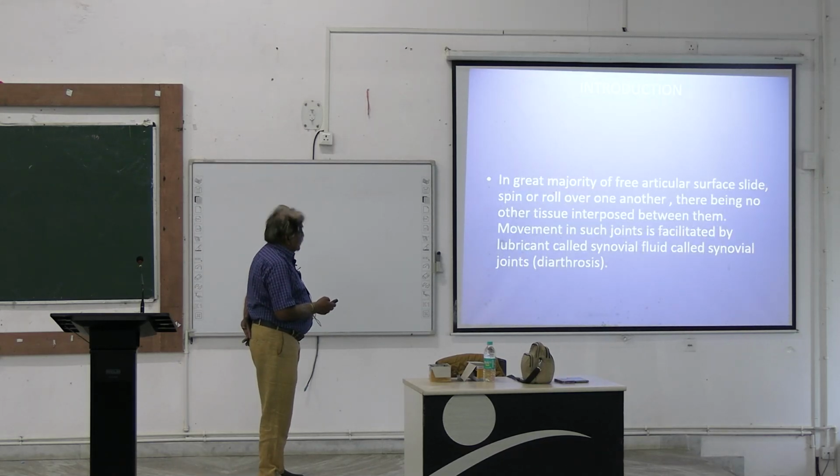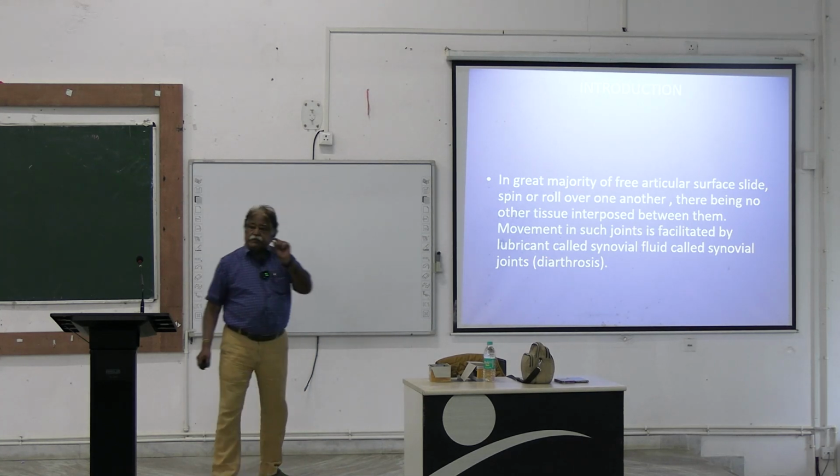Now, in the great majority of joints, the free articular surfaces slide, spin or roll over one another, there being no other tissue interposed between them. Movement in such joints is facilitated by a lubricant called synovial fluid. These are called synovial joints, diarthrosis.